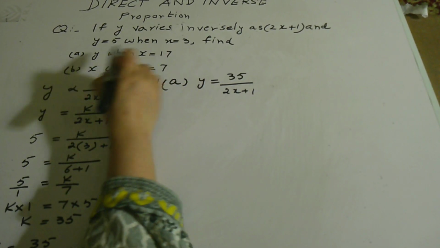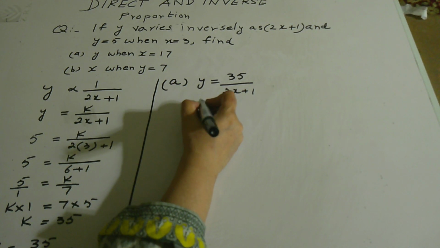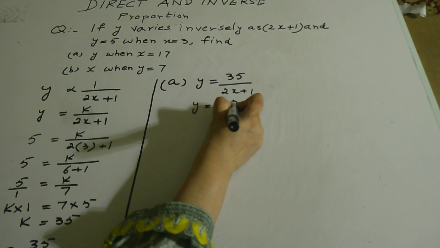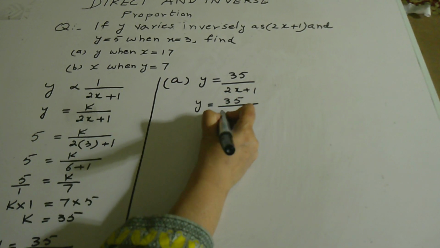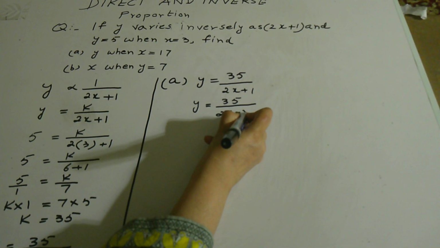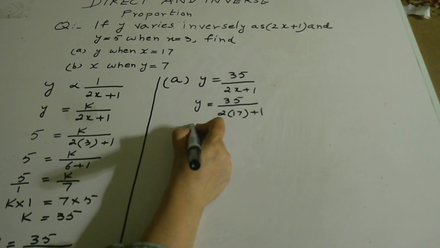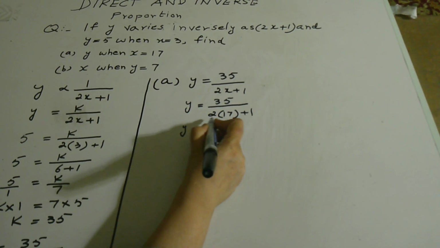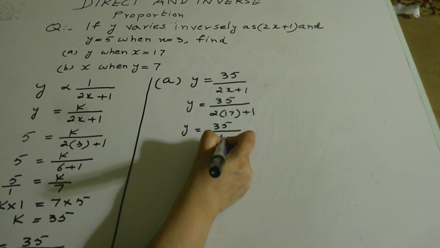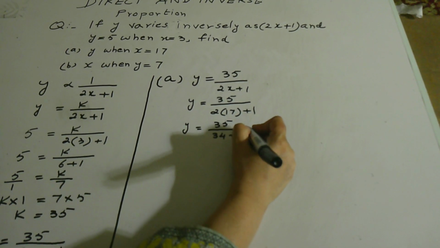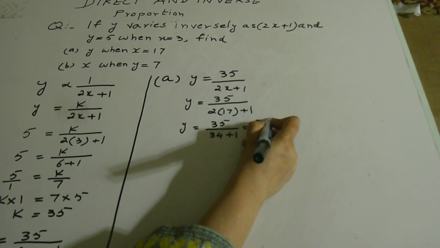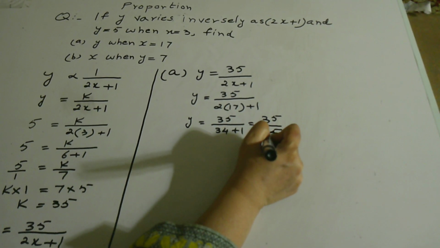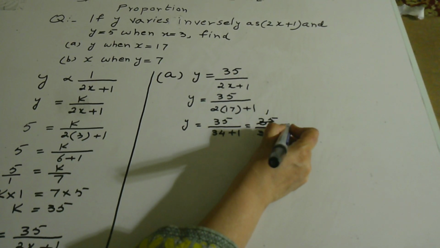You have to find the value of y when x is 17. y is equal to 35 over 2 times 17 plus 1. y is equal to 35 over 2 times 17 is 34, plus 1, which is equal to 35 over 35. You can cancel it, simplify it. So y is equal to 1.